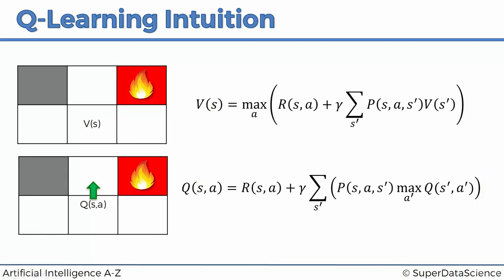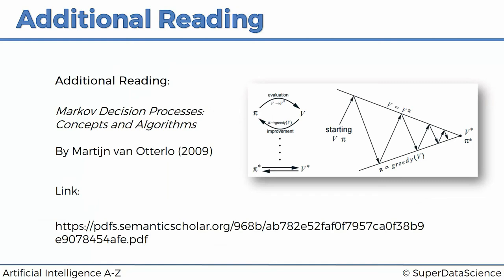And if you'd like to get a more rigorous, mathematical approach, and see the mathematics behind it and learn a bit more about Q values and how they work, then we've got some additional reading for you. This paper is called Markov Decision Processes, Concepts and Algorithms by Martin van Otterlo, 2009. So you've got the link here as always. And here you can read in more detail to understand all the nitty-gritty behind Q values and so on.